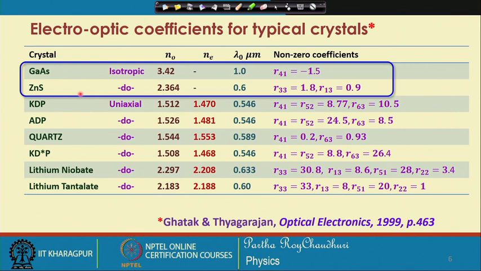We will focus on these isotropic elements, and we will pick up gallium arsenide, whose properties in terms of the electro-optic tensor coefficients are known, and refractive indices are also known. Then we will see how this isotropic material can become anisotropic under a certain orientation of the applied electric field.